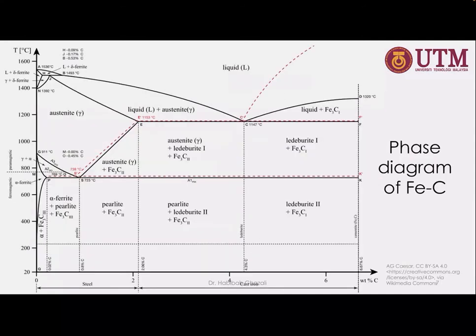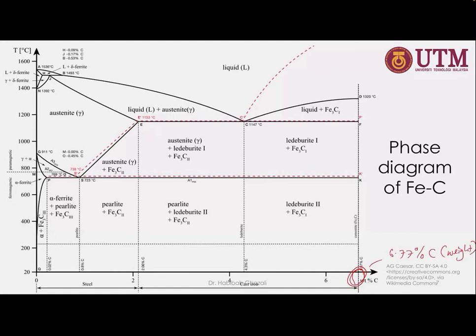If you look at this phase diagram of iron-carbon, the maximum carbon that can be added is 6.67% of carbon by weight. Even though it is 6.67, carbon is a very light element.